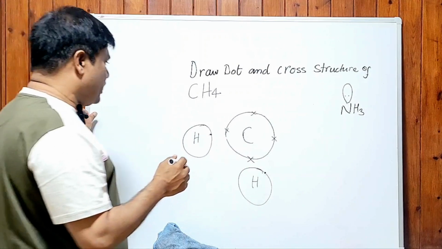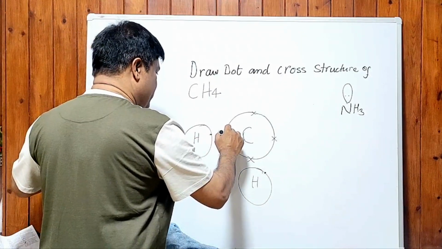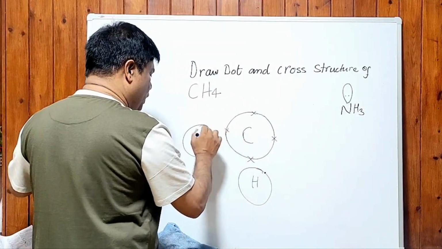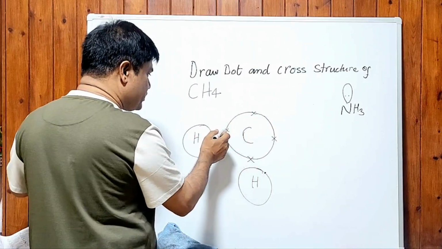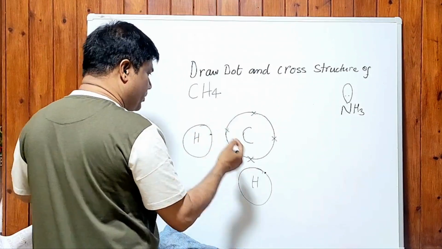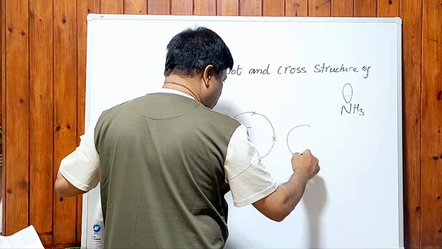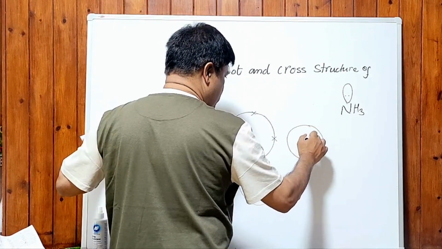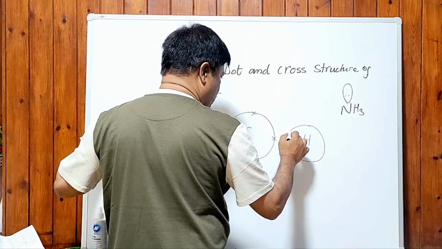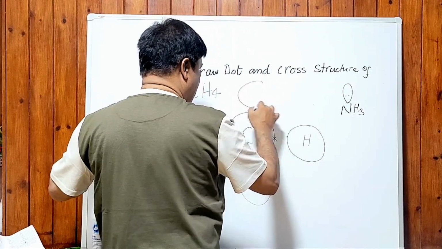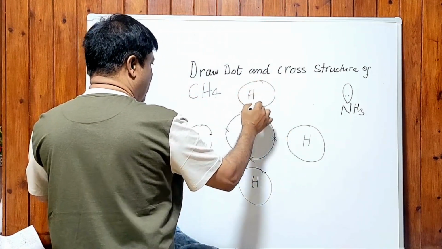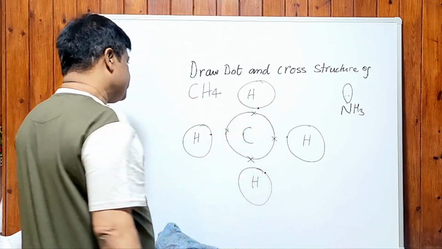It's just a kind of representation, guys. This dot and cross shows the electron from carbon and the electron from hydrogen. This is also a dot, this hydrogen, and this hydrogen also has 1 dot.